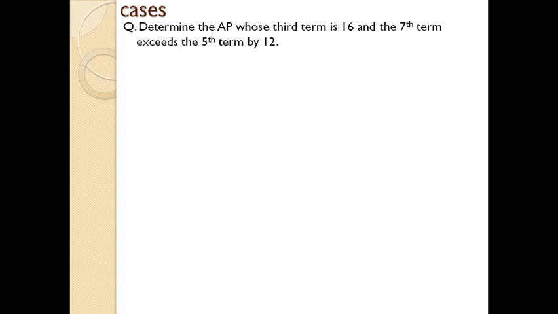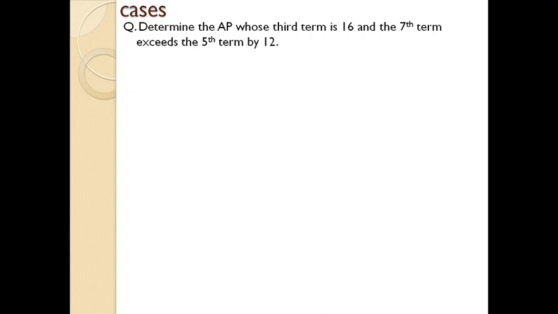From the details given, we can assume that the third term is 16. No details on the first term or from where the series begins, and the seventh term exceeds the fifth term by 12. It's in a continuous series and it's an increasing trend.